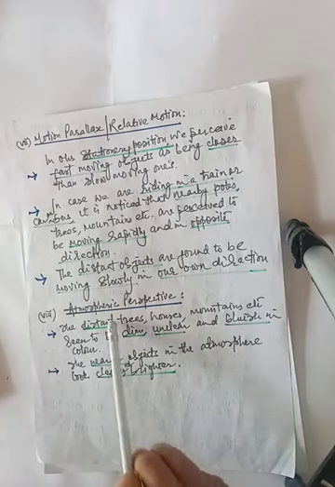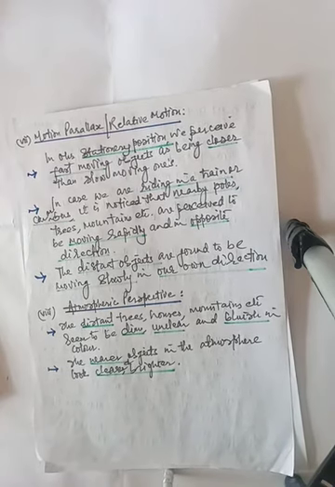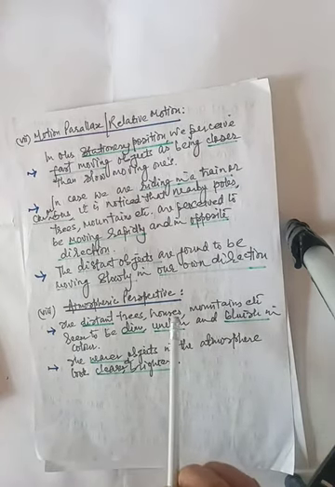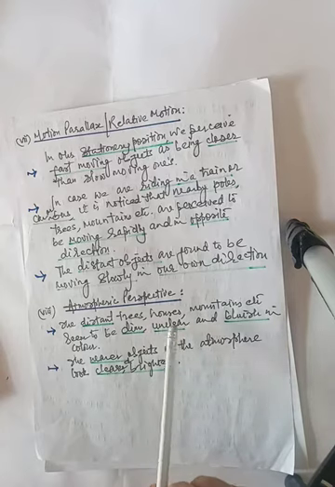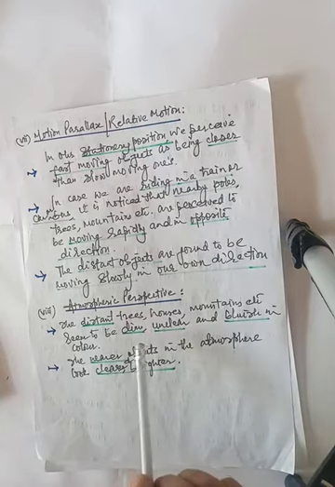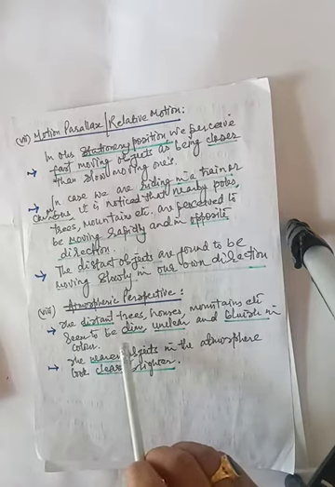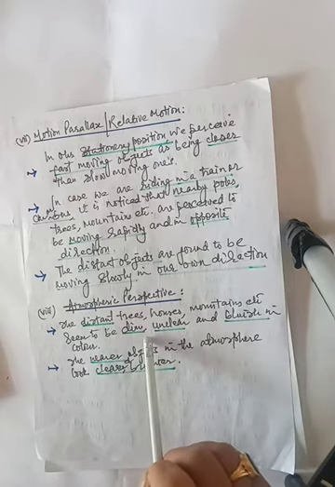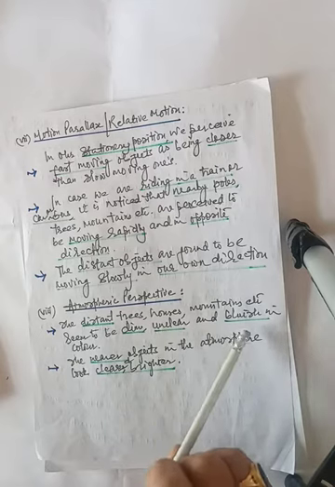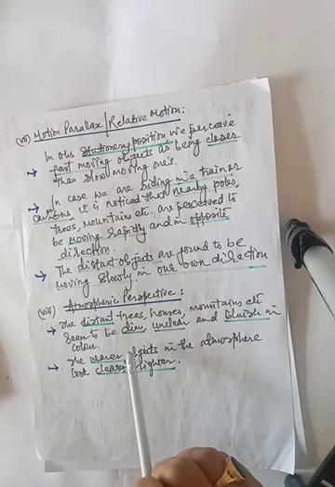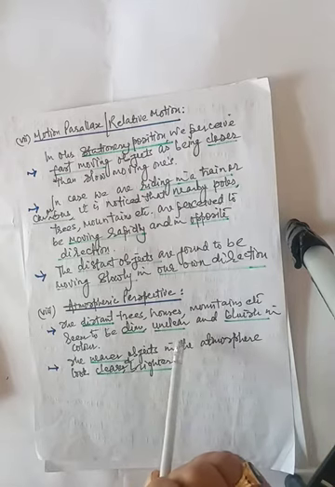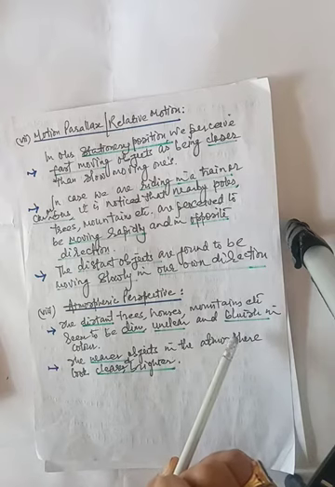Then is the atmospheric perspective. Atmospheric perspective says the distant trees, houses, mountains, etc. seem to be dim, unclear, and bluish in nature. So when we look around, the trees which are very far from us, the houses, the mountains, they seem to be very dim, very dull, the details are not clear and somewhat bluish.